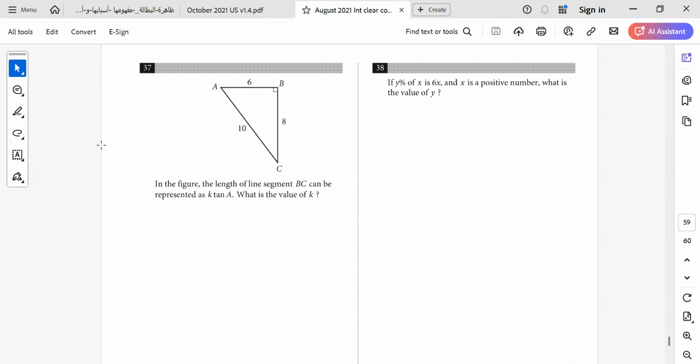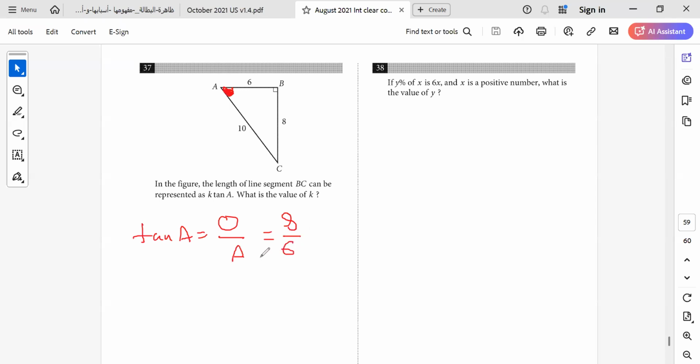He is asking about the length of the segment BC, which can be represented as K tan A. What's the problem with tan A? Let me find tan A first. Tan is opposite over adjacent, right? So it's 8 over 6.